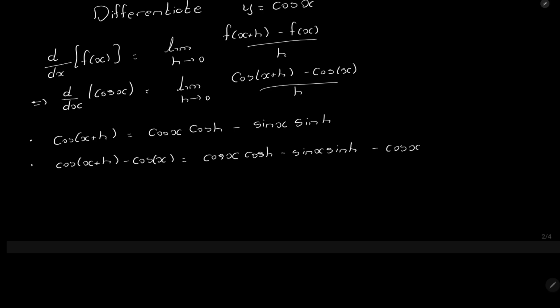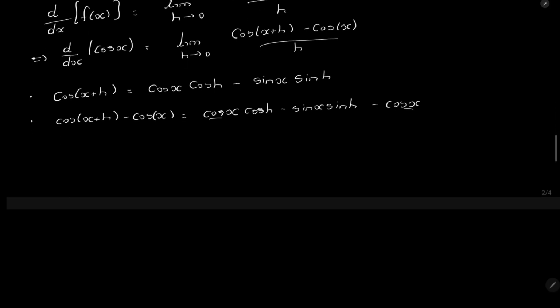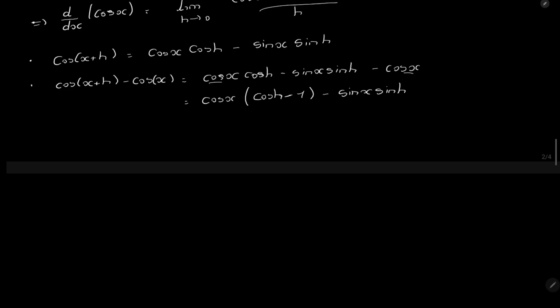Just like the previous question on sine x, we notice that cos x is common in two terms here. So we can factorize out cos x from both terms. This gives us cos x times cos h minus 1, minus sine x sine h. Now let's calculate the complete term, that is dividing our numerator by our denominator, which is h.